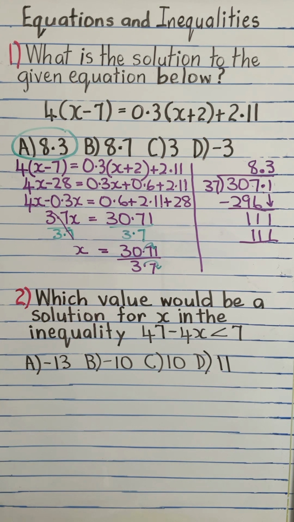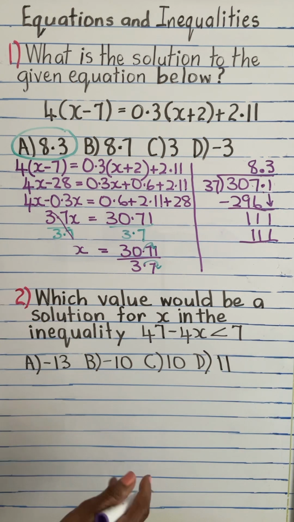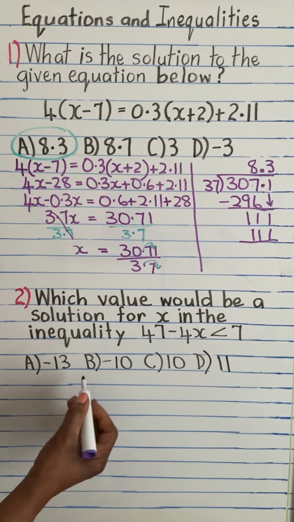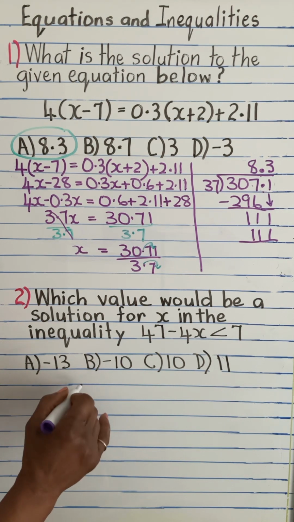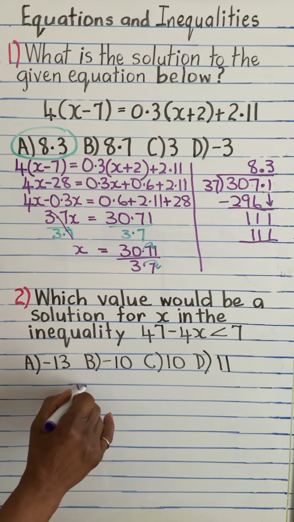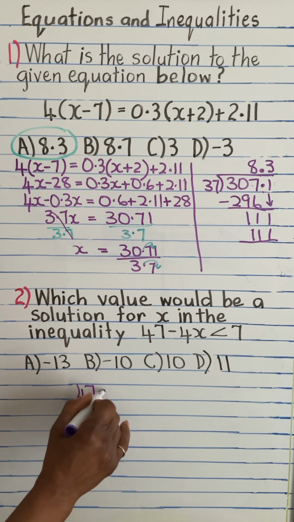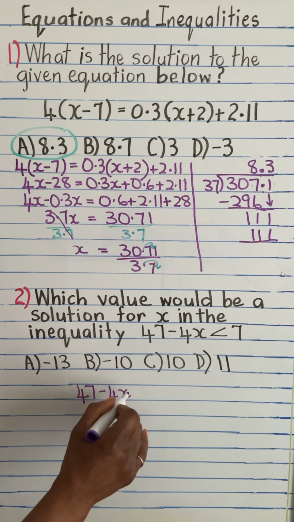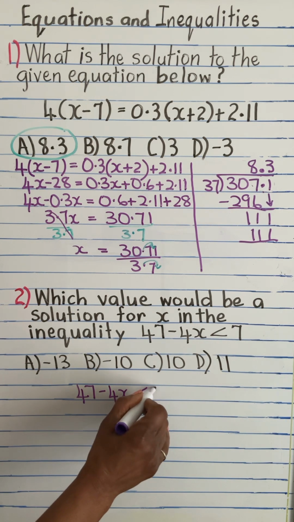Example 2. Which value would be a solution for x in the inequality 47 minus 4x is less than 7? So let's rewrite: 47 minus 4x is less than 7.